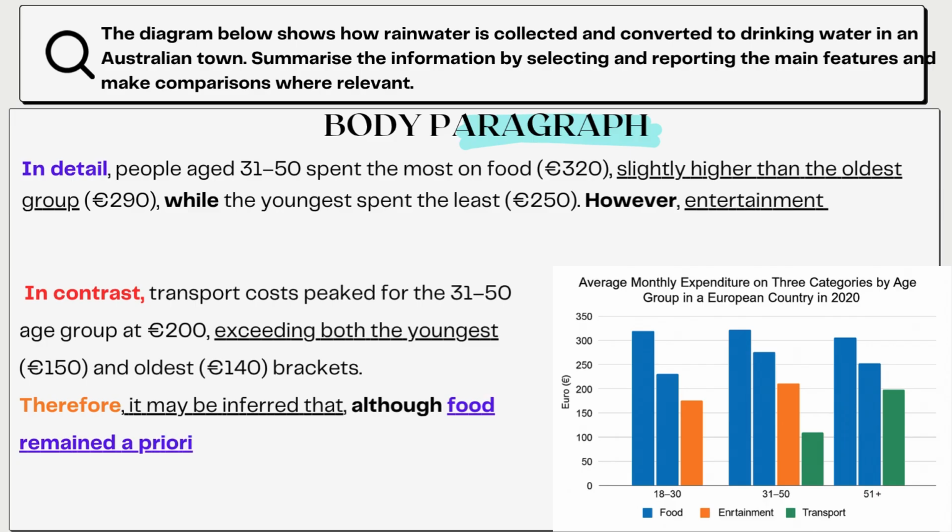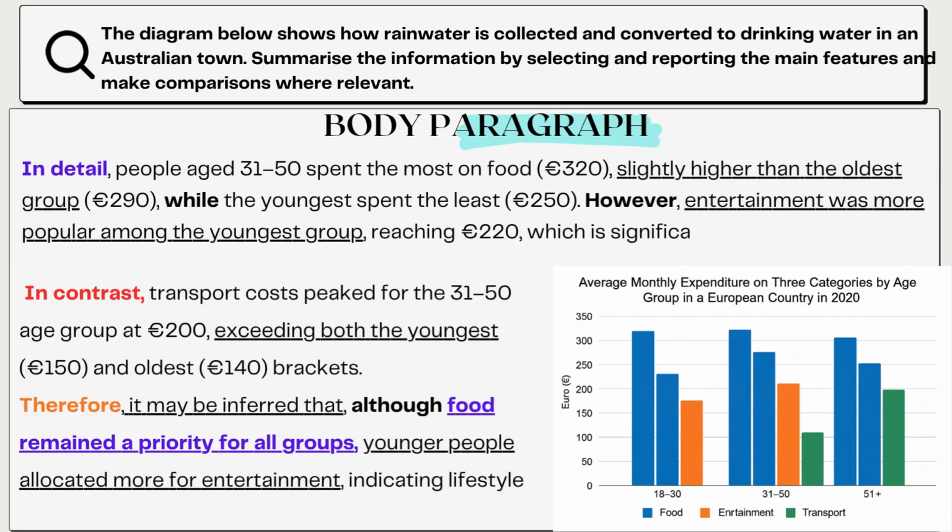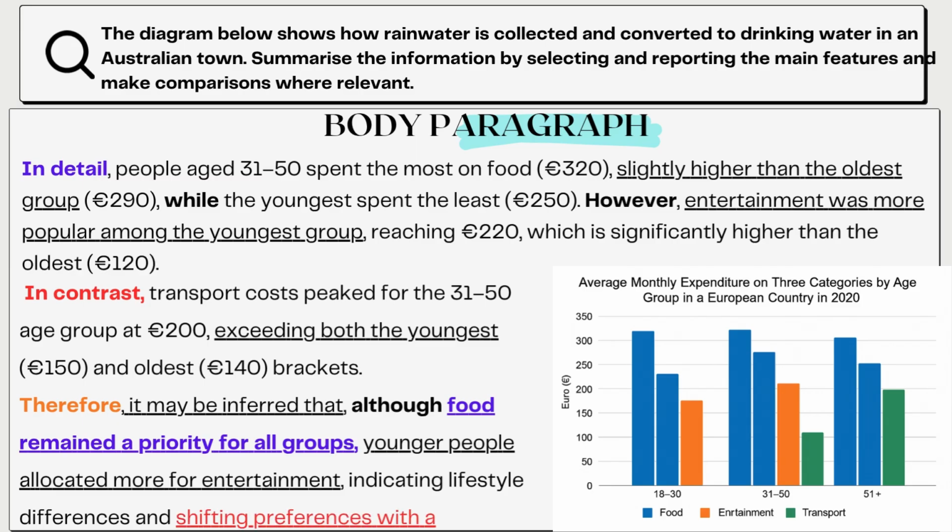While is the connector here, the youngest spend the least, 250 euros. However, it's a connector, the linker conjunction. Entertainment was more popular among the youngest group, reaching 220 euros, which is significantly higher than the oldest, 120 euros. Now here we have a contrast group.